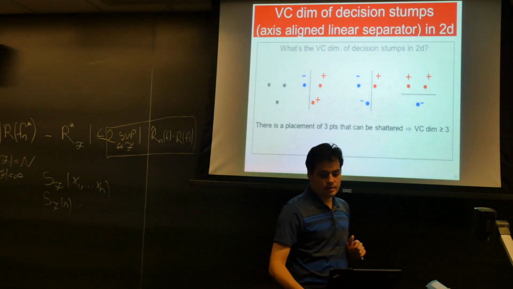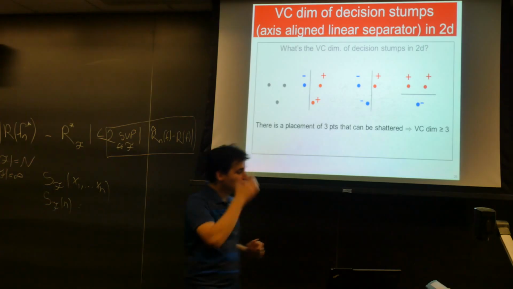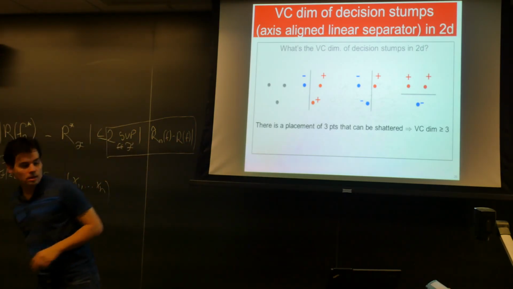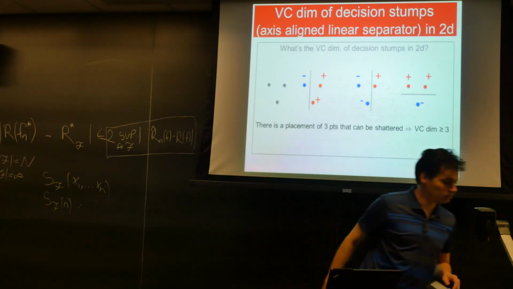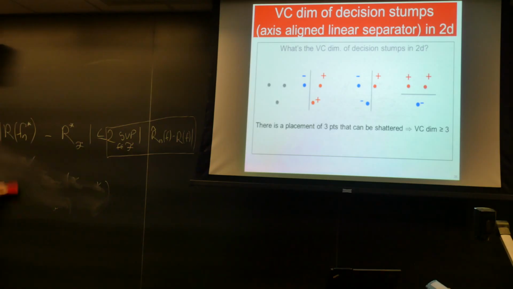All right, and then I think this is where we stopped last time. So let's see some examples. One example can be that the domain is two-dimensional.